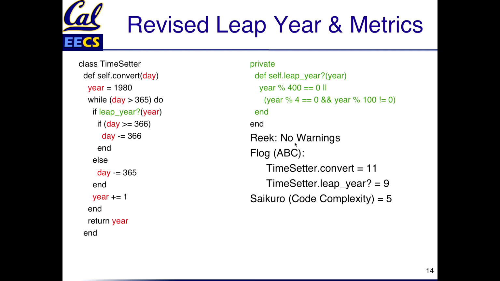I can't remember what the other one was, but all the warnings go away. The ABC complexity now, instead of above 20, each method is down around 10, and the Saikuro score is below that. And this is intuitively easier code to figure out what's going on. It's nice when you're saying if it's a leap year, that gives you an intuition of what's happening here.